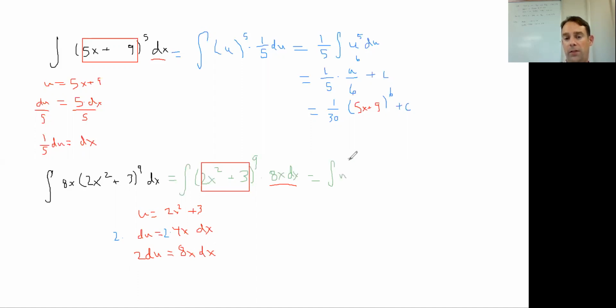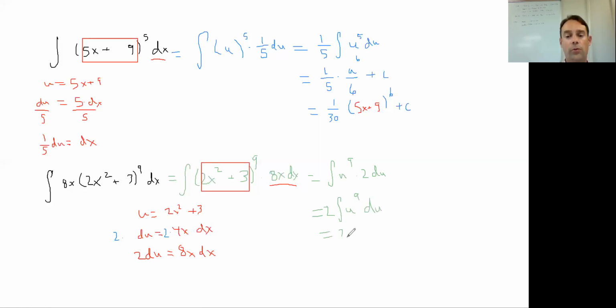So I have u to the 9th times 2 du, which I'll bring that 2 to the outside because it didn't need to be there. And I can still integrate the rest of it here.